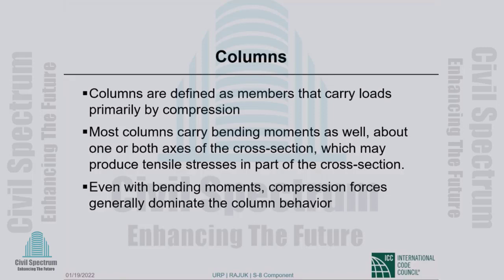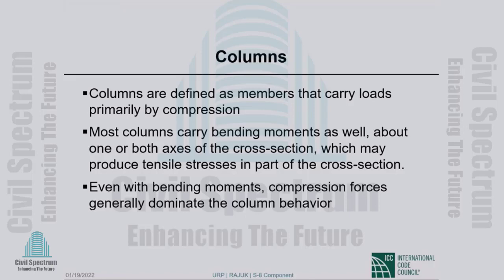So columns are defined as members that carry loads primarily by compression. That is probably the key thing. Most columns carry bending moments as well, about one or both axes of the cross-section, which may produce tensile stresses in part of the cross-section.